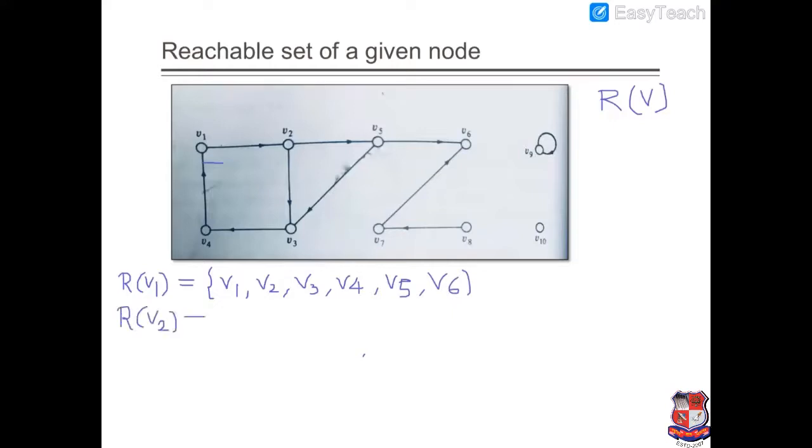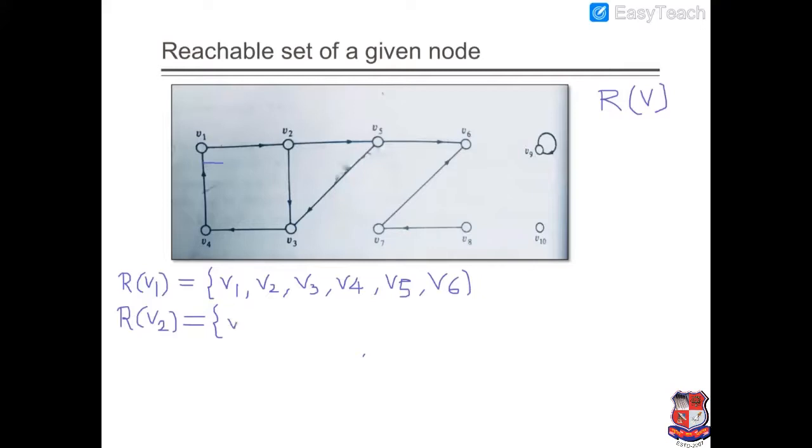Now the reachable set of vertex V2. V2 is reachable to V3, it is also reachable to V4, and it is also reachable to V1. Using this path, it is reachable to V5 and up to V6. It is not reachable to V7, V8, V9 and V10.